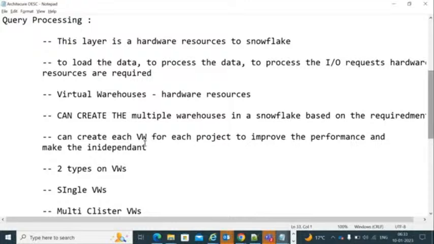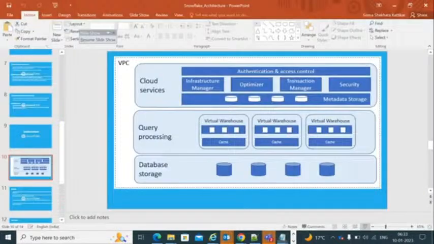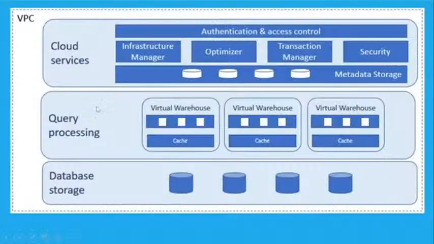Virtual warehouses or hardware resources can be created multiple times. Till here you are clear? See, this query processing layer is the virtual warehouse, which is a compute layer, and these are the hardware resources for your Snowflake.